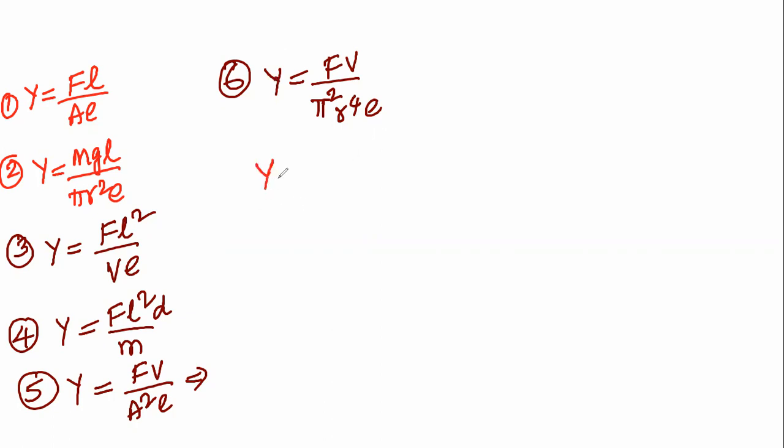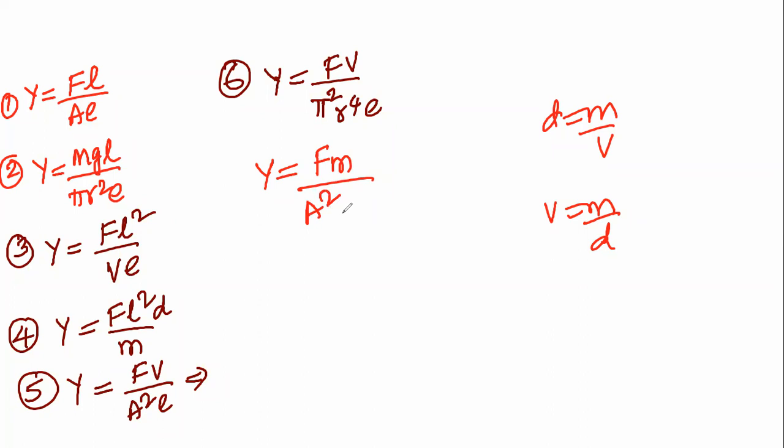Otherwise, since density is equal to mass by volume, volume is equal to mass divided by density, so Y is equal to FM divided by A square d e. Like this, we can write different formulas for Young's modulus.